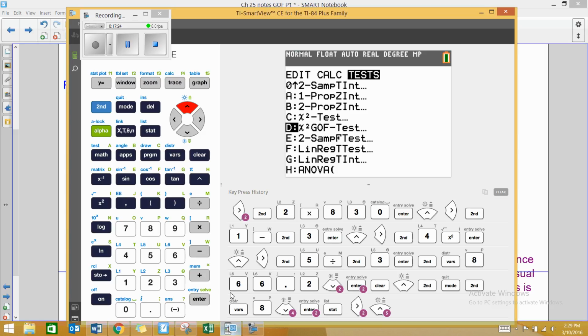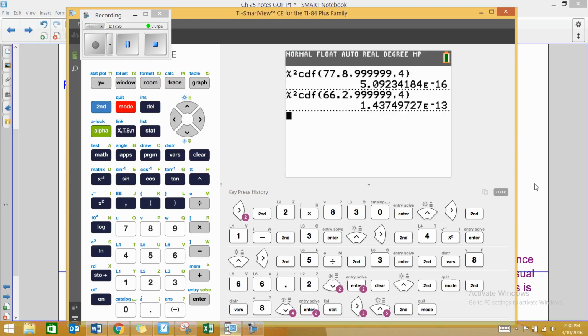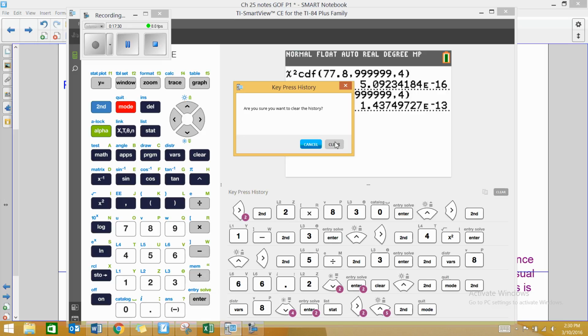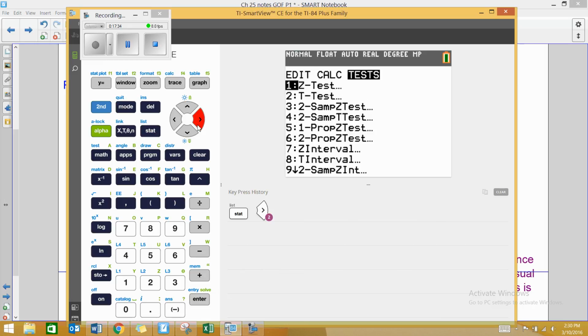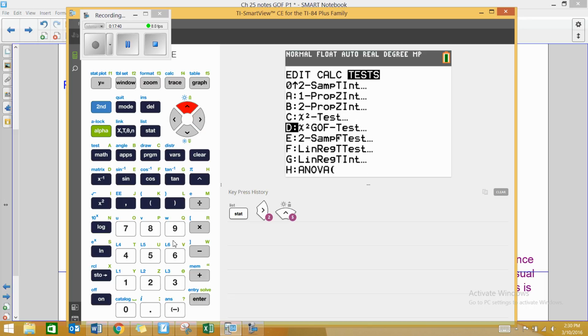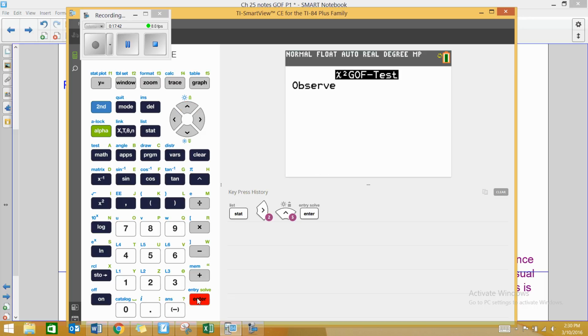So all I have to do is go to, let's start over, from your home screen, you're going to go to Stat, Tests, and if you go up, it's a little bit faster because it's close to the bottom, chi-squared goodness of fit test. We'll select that one. And then keep track of where you've stored your observed and your expected.